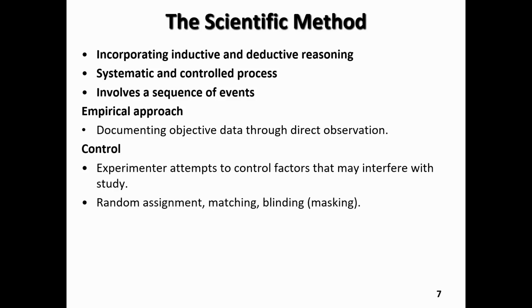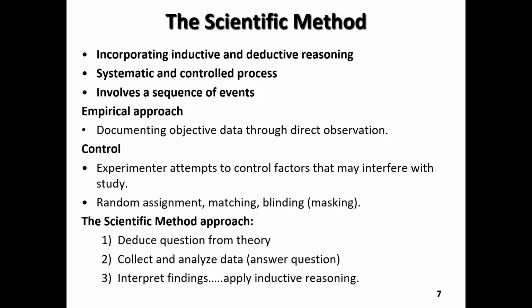And ways to implement control include some techniques that are referred to as randomly assigning cases to different research groups, matching cases in different research groups, or blinding or masking. These terms are used interchangeably with respect to a particular treatment that a group would receive in a study.